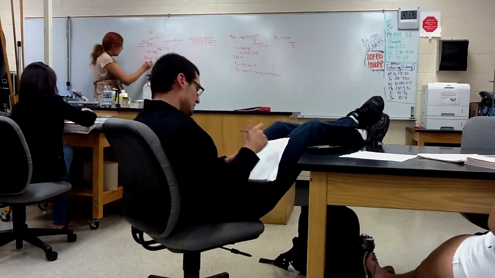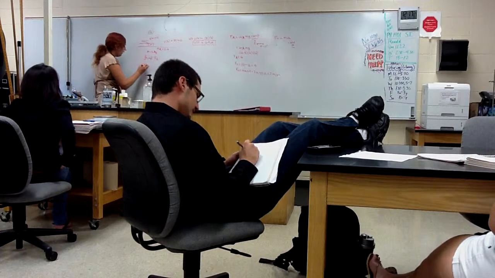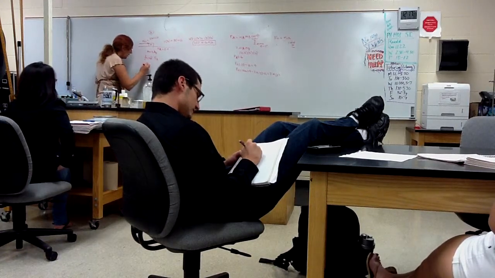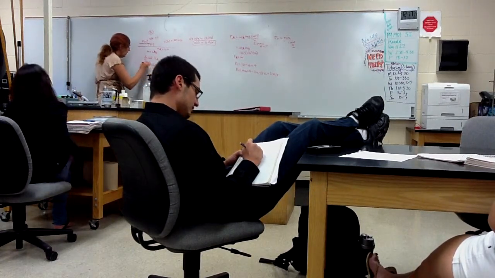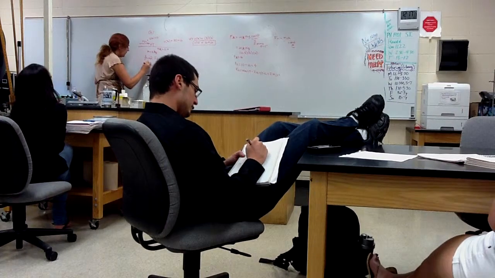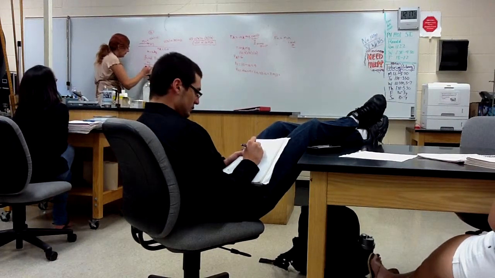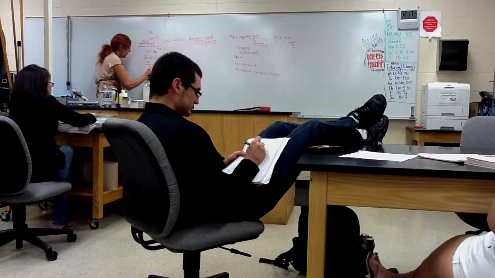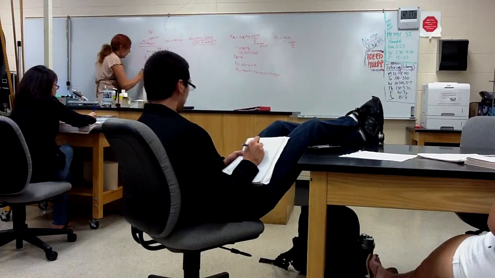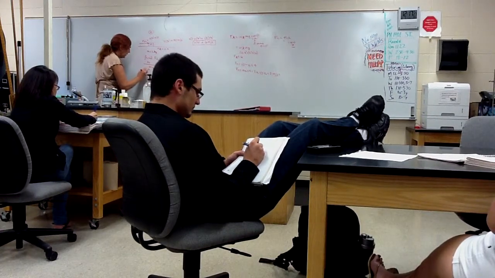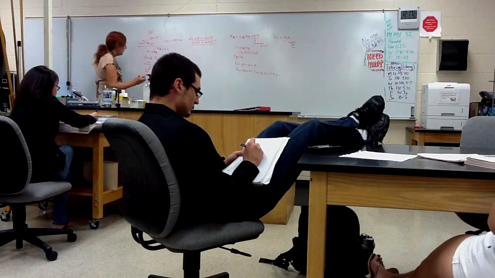So let's focus on how we can find the applied force. Well, what do we know about it? We know that in this direction, we have the applied force. The force of kinetic friction works against it. And what's left over, that's the net force.